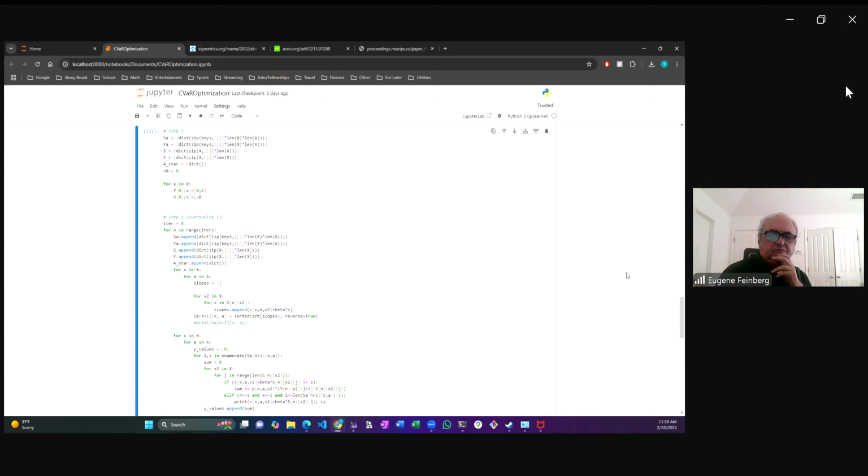I think that we can either modify it, or it's already done, so that at the next iteration we do not recalculate the previous points.